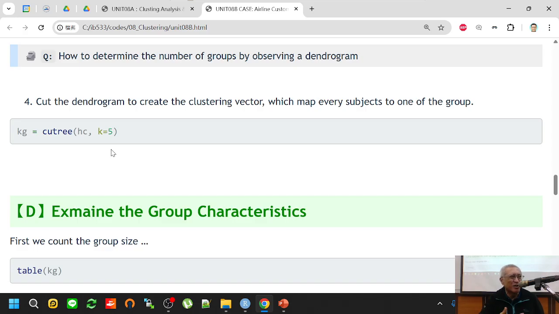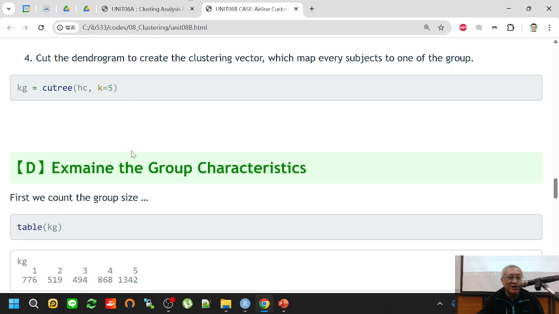This is a kind of trial and error thing. I always think there is no standard way to find the optimized number of groups. You just try and error. So let's say that we chop them into 5 groups.